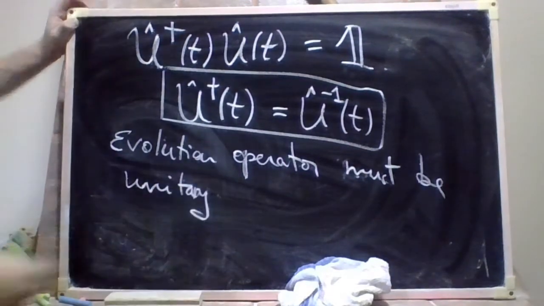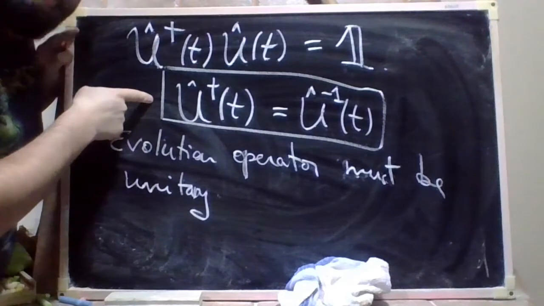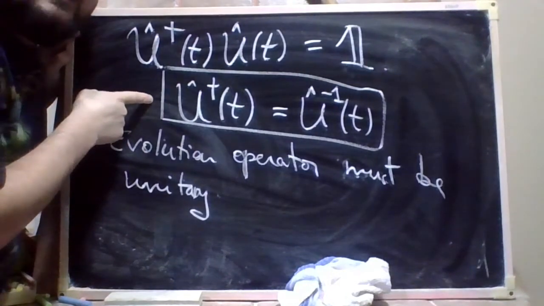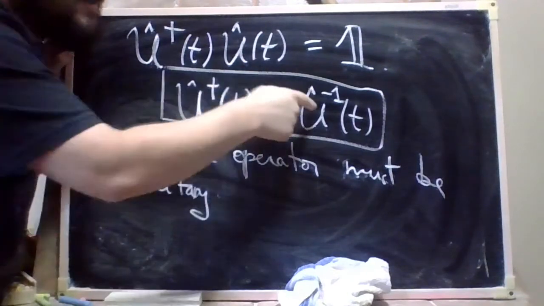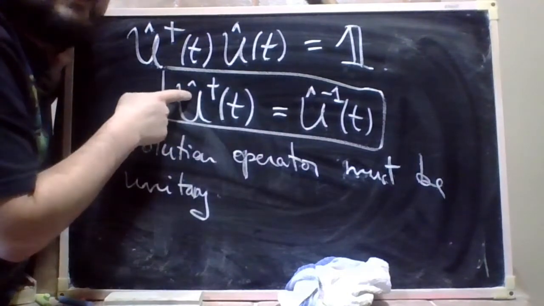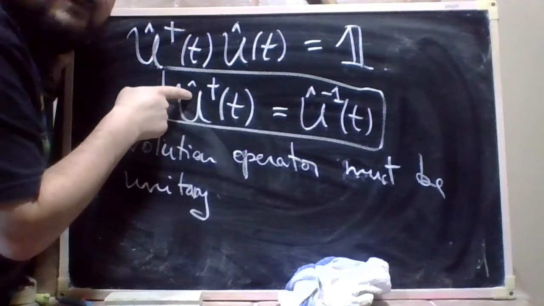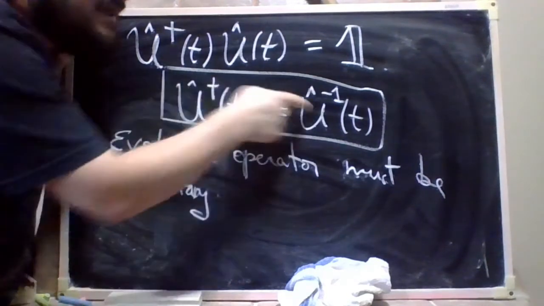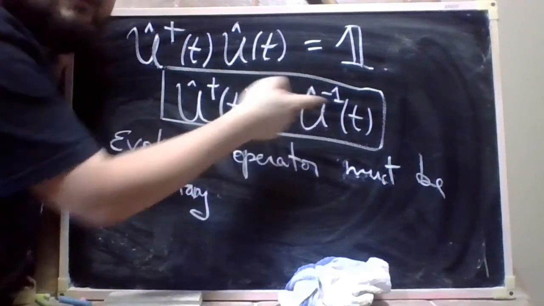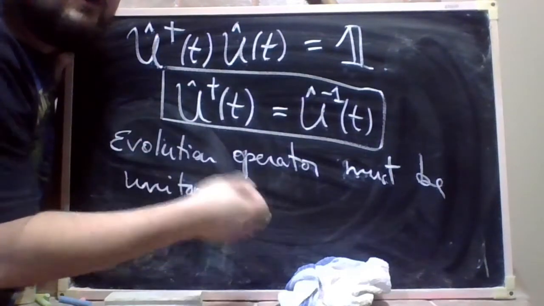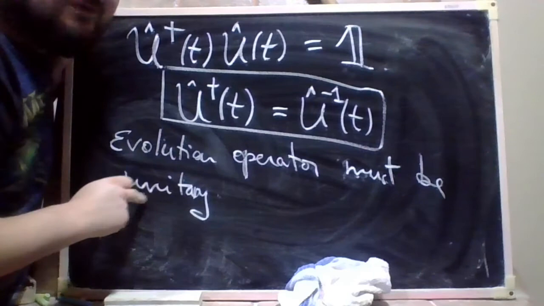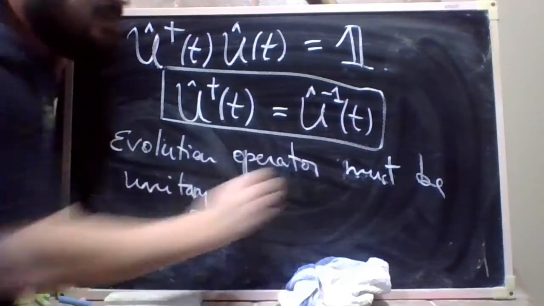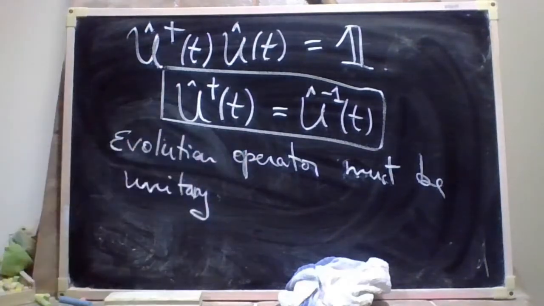All right? This is for unitary operators or unitary matrices. For unitary matrices, the inverse is equal to the transpose conjugated. So when the transpose conjugated is equal to the inverse of a given matrix, that matrix is said to be unitary. We already talked just a little bit about that. So evolution operators must be unitary.